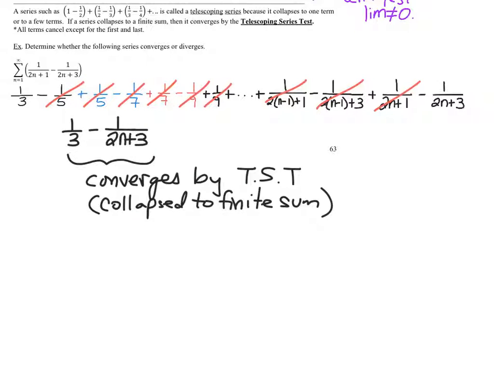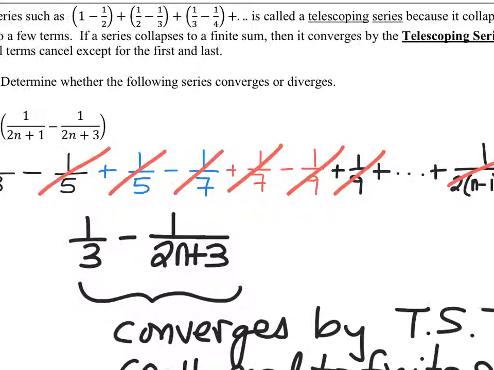All right? Now, you could have attempted this with the nth term test for convergence or divergence. So if you try that initially, you find the limit of all this stuff, what ends up happening? I'll just show you real quick. Try the nth term test, because you never know.